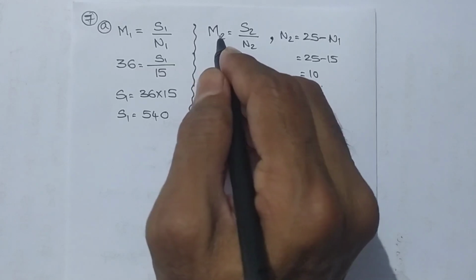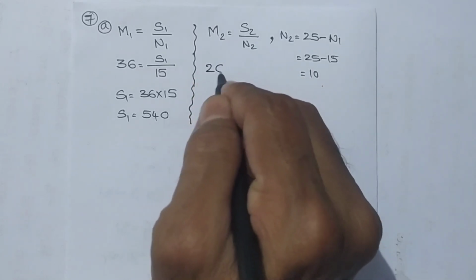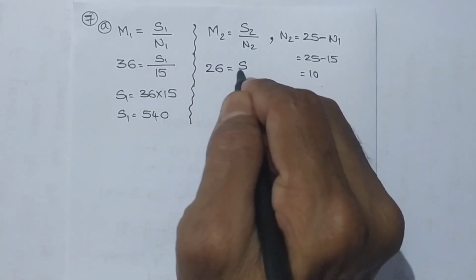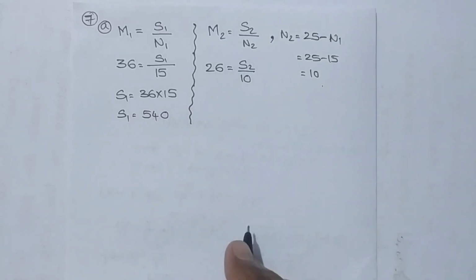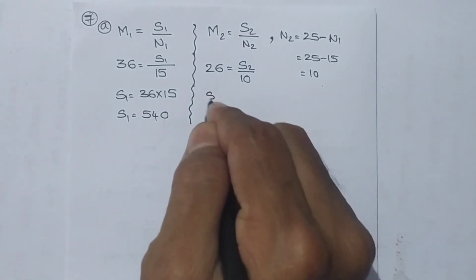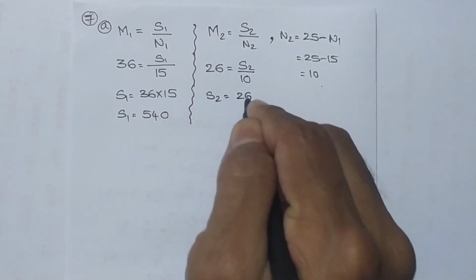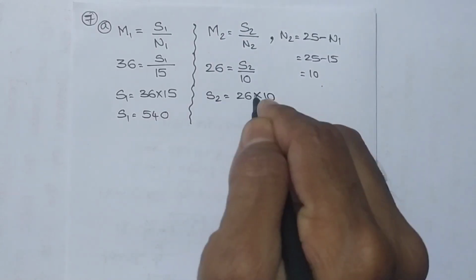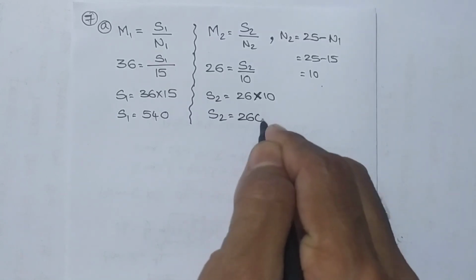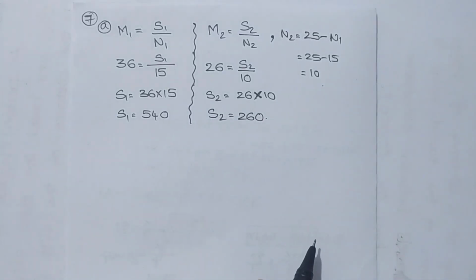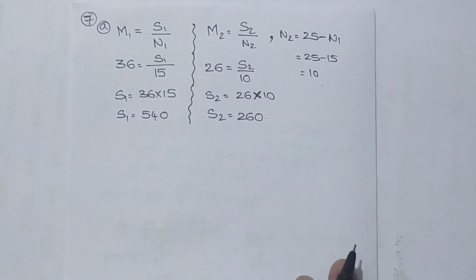In that case, mean is given as 26. 26 is the mean when number of numbers taken is 10. So in the same way we can do cross multiplication. This is 26 into 10. So S2 is 260. Clear?